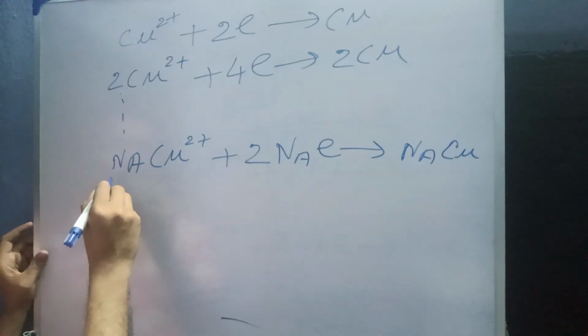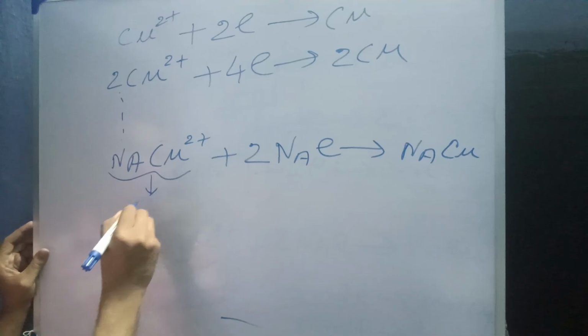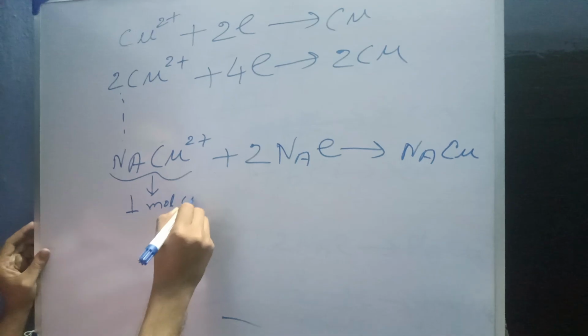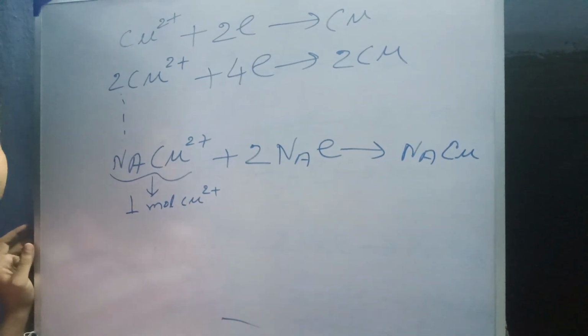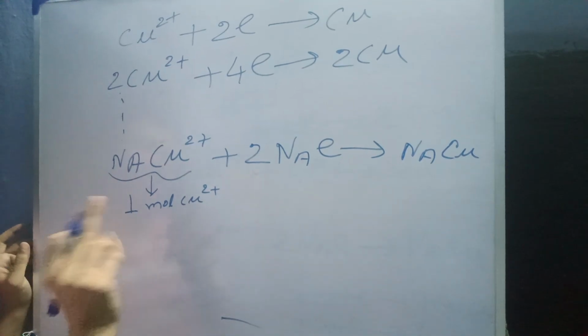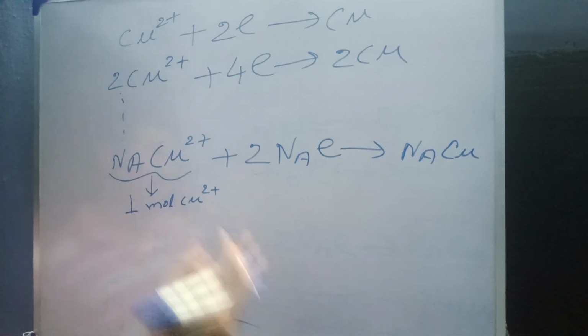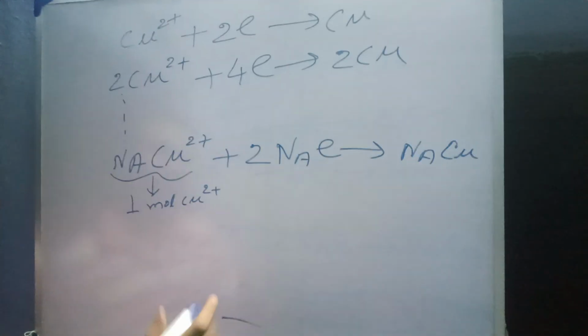Now this Na number of Cu2 plus means 1 mole of Cu2 plus, because Na number of any species is 1 mole. Just like 12 of any species is 1 dozen, similarly Na number of any species is 1 mole.